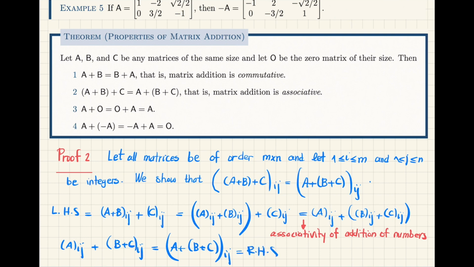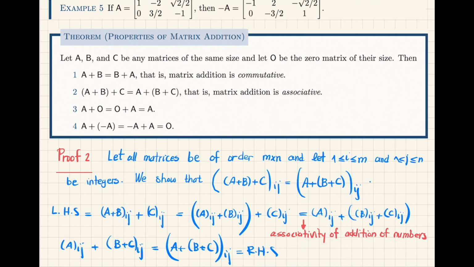Okay, so that was the only thing that I wanted to teach you. So this is very, very simple, but I wanted you to understand that the reason associativity of the matrix addition is there is because of the associativity of the just normal addition.